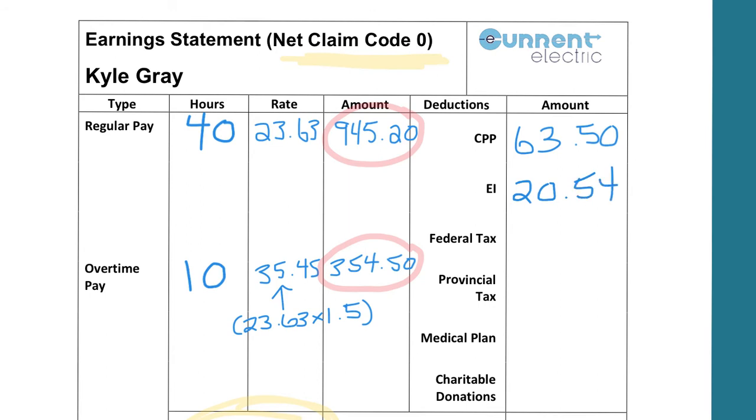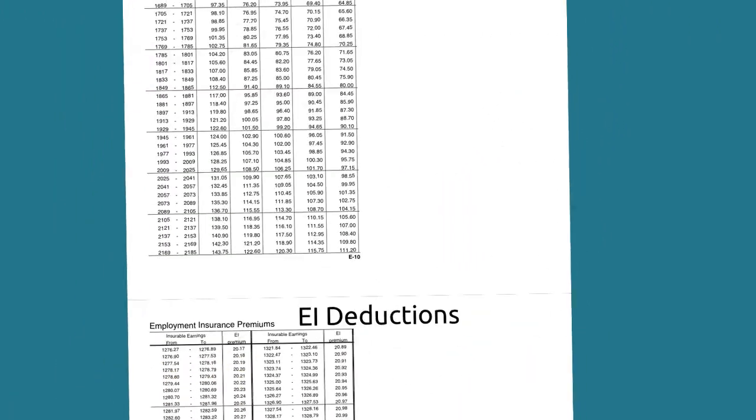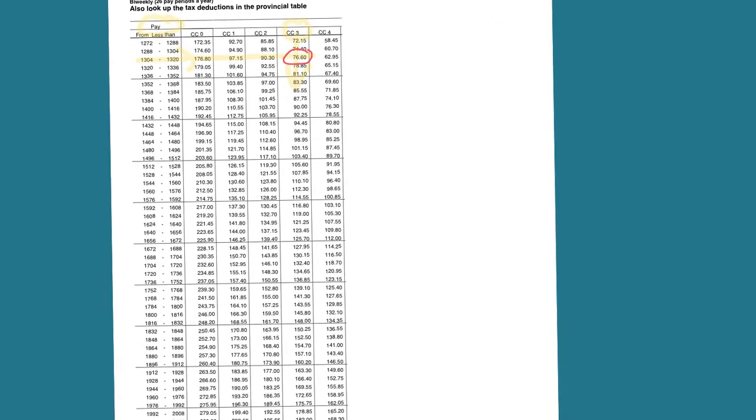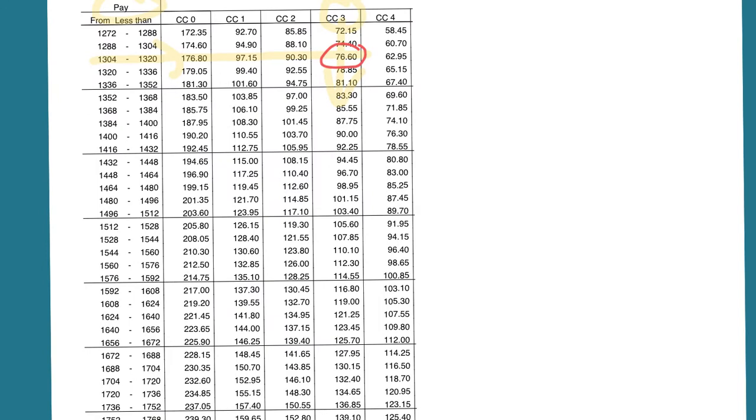Okay, I've still got federal tax and provincial tax. That's where we'll need the net claim code for both of those. So we'll go all the way to the top to the federal. Okay, and I'll just zoom in now. I'll erase what we had before again, just so we don't get it mixed up.